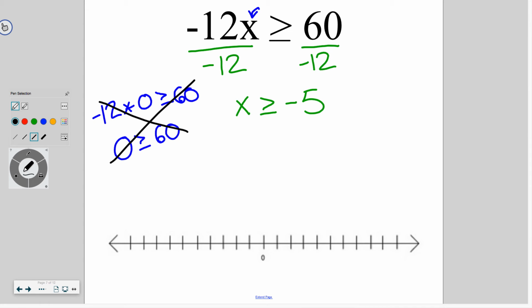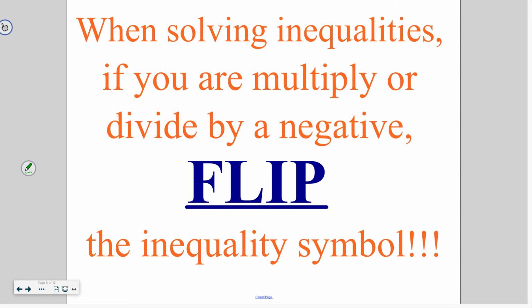So what are we going to do to fix this problem? We didn't solve incorrectly. We just have to do one more step if you are multiplying or dividing by a negative. So when you are solving inequalities, if you multiply or divide by a negative, you need to flip that inequality symbol.